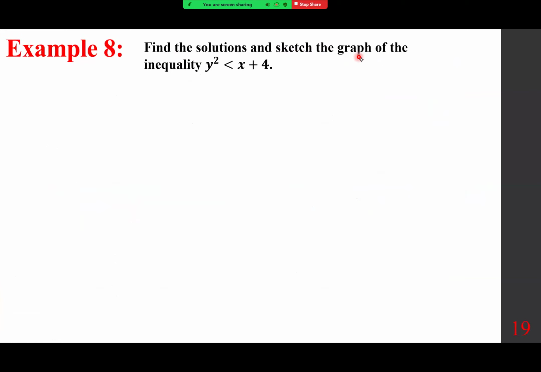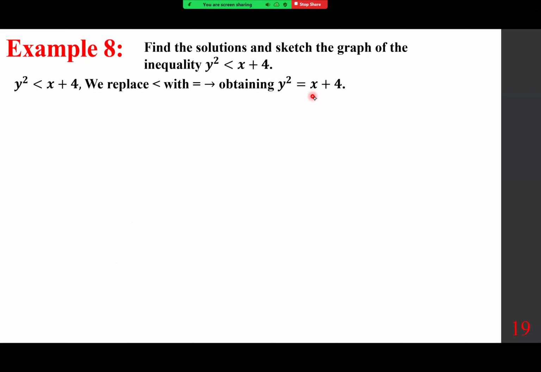Find the solution and sketch the graph of y squared less than x plus 4. And again, we do the same thing. We set this equal. So we replace the less than with equal. This is the graph.